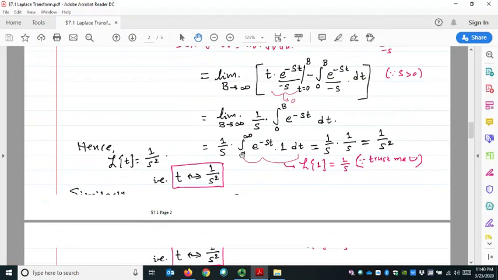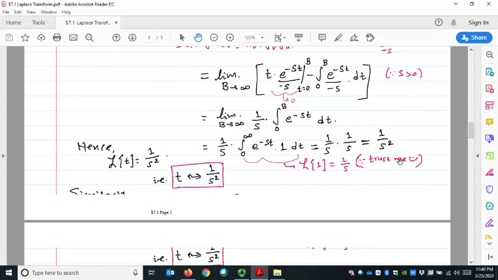In the next step, let's pull the 1 over s, which is a constant for the b limit, outside, and put the limit as b tends to infinity here, so the integral from 0 to infinity of e to the power negative st dt. Then this integral from 0 to infinity of e to the power negative st times dt is the Laplace transform of 1 by definition, and the Laplace transform of 1 is 1 over s.